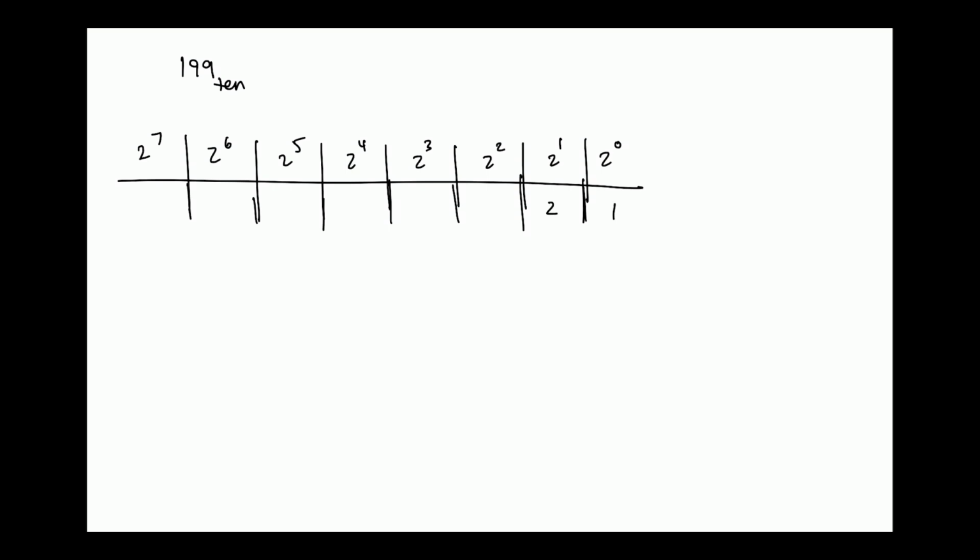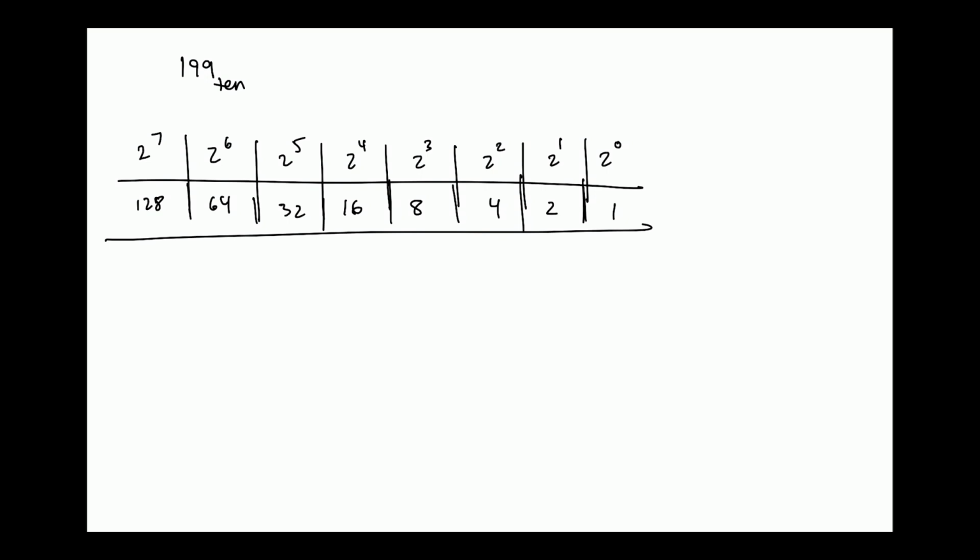This will be 1, 2, 4, 8, 16, 32, 64, and finally 128. Those are the place values for each of the positions of a binary number, and it just keeps going up by powers of 2. In this case, I've stopped at 8 bits, just for sake of demonstration. So we're cool with that.